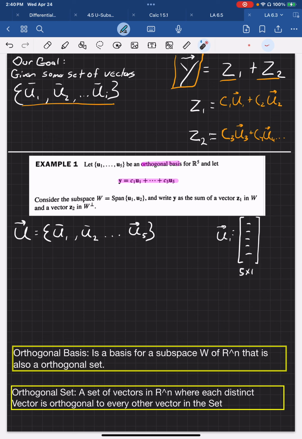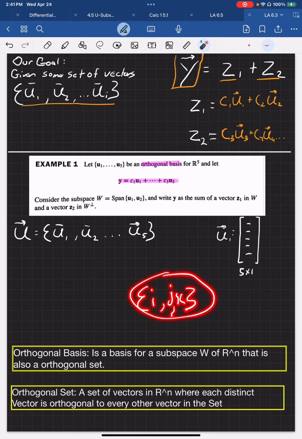But what's an orthogonal set? Well, an orthogonal set is just a set of vectors, again in Rn, where every distinct vector is orthogonal to every other vector in the set. Just as a point of clarity, go back to your I, J, K vectors in your engineering classes.